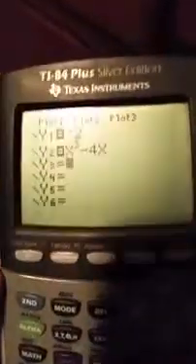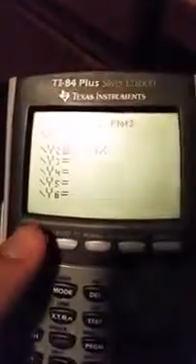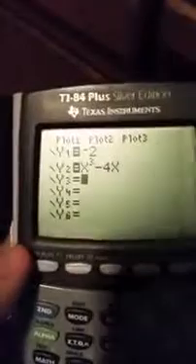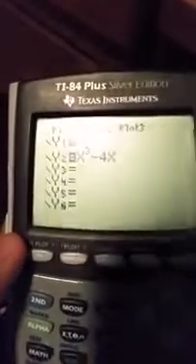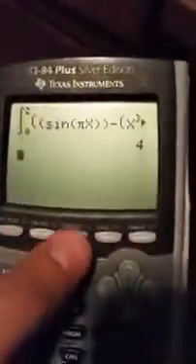But like I said, it's a skill that we need to know how to do, so I will set it up and be right back. Alrighty, so what you want to do is click on your y equals right here, and set up negative 2 as y1 and x cubed minus 4x as y2. So you have two different lines, and we'll go to zoom fit.